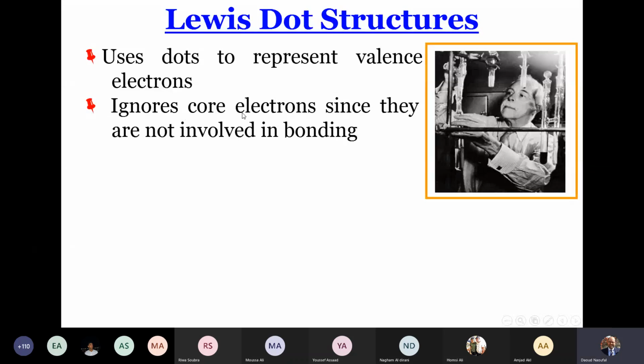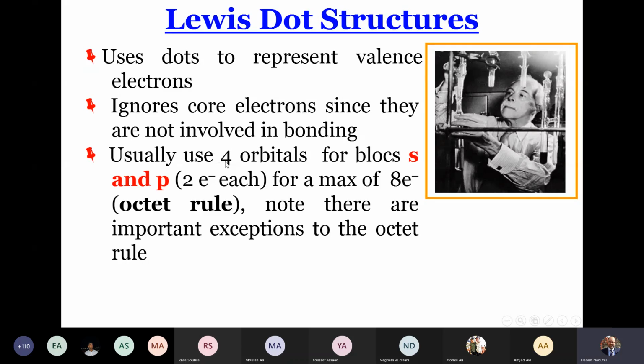In the Lewis theory, we are not interested in core electrons. We are interested only in the valence electrons, which are responsible for the bond.